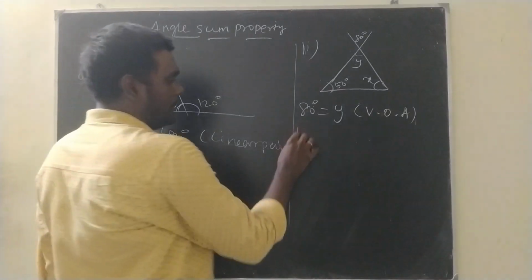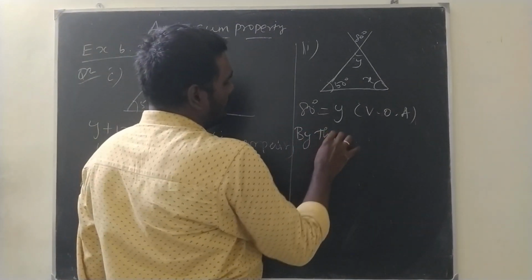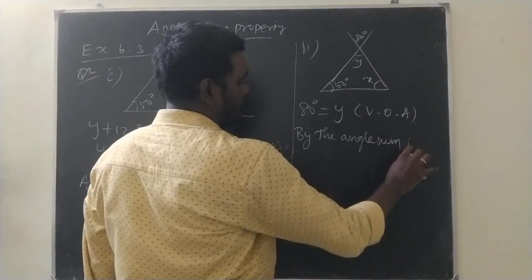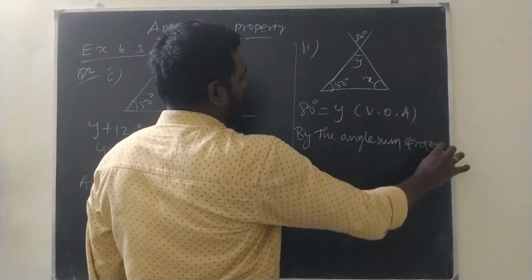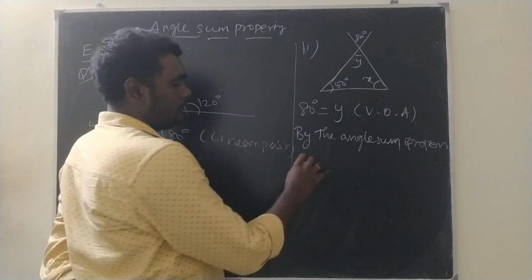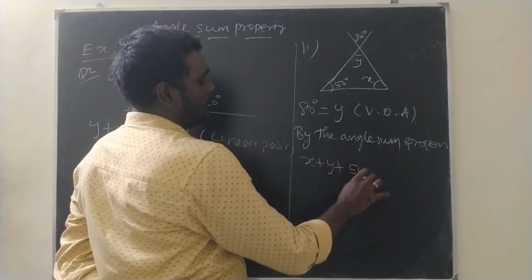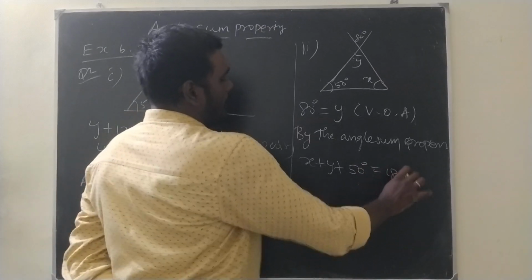And after that, by the angle sum property, we have x plus y plus 50 degrees equals 180 degrees.